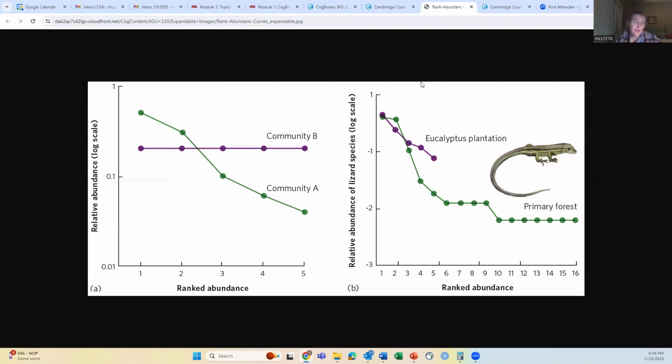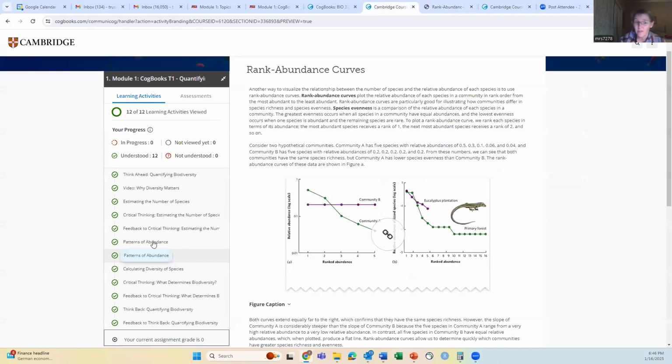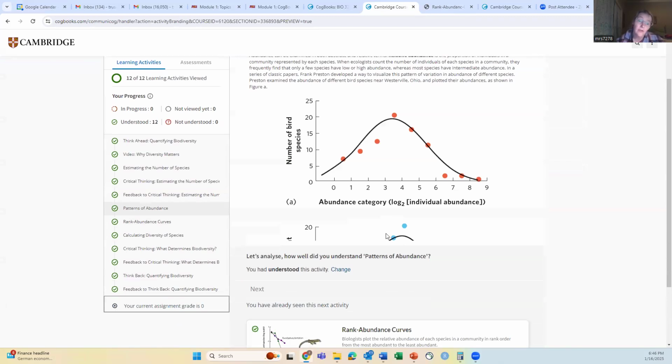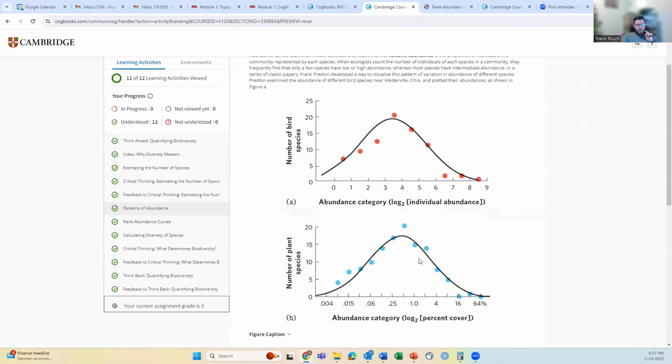I had a quick question on this. I know these can go back into a normal bell curve, because it's ranked in order of which one is most abundant to which one's least abundant. How would I know which side of the bell curve they would fall on? I'm not sure I fully follow how these would go back into a bell curve. You're asking, could I put it back into a bell curve? Because it said that it's log means.